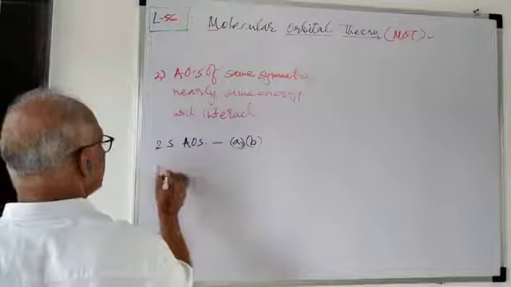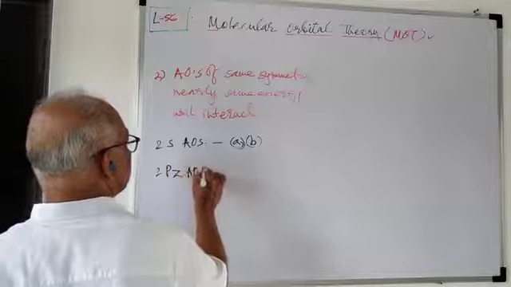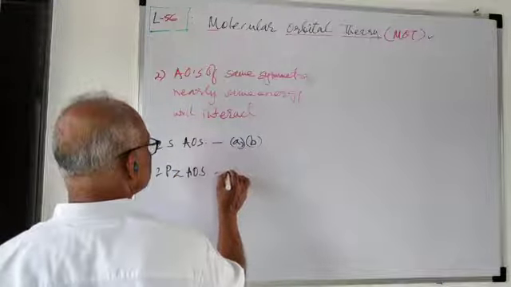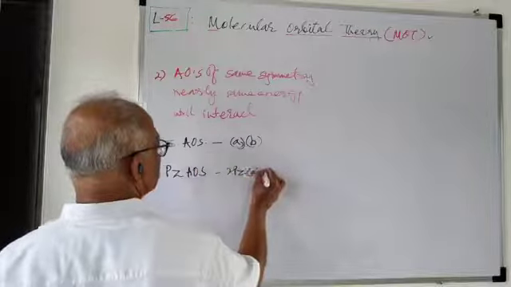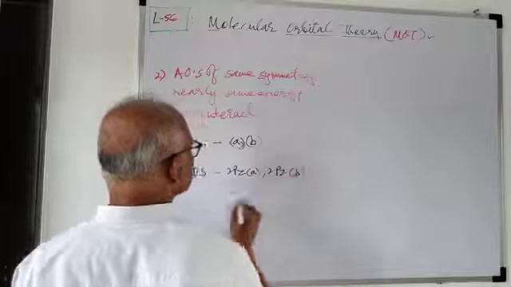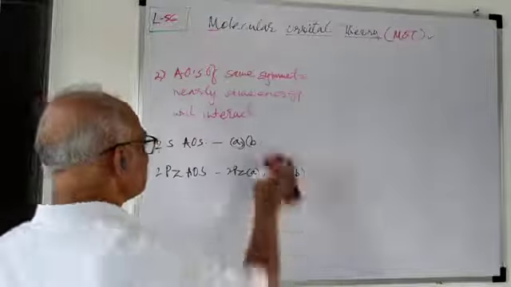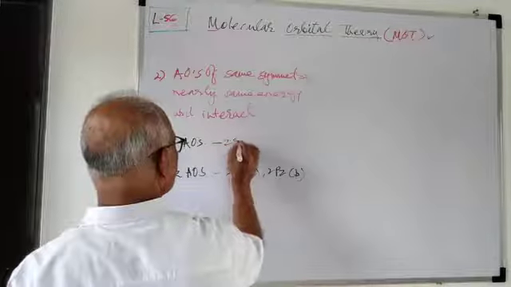Now there are two pz atomic orbitals. So these are from 2pz of A and 2pz of B. So we can also write here 2s of A plus 2s of B to make it clear.